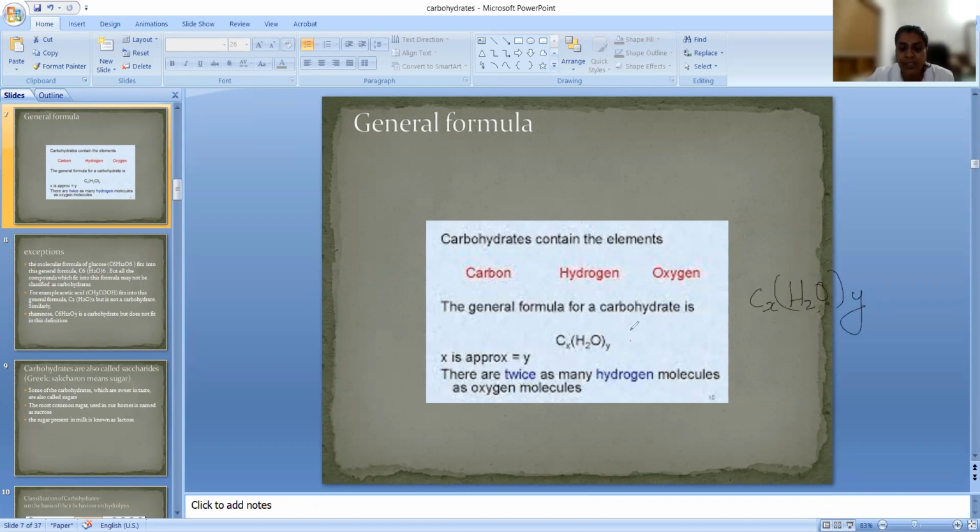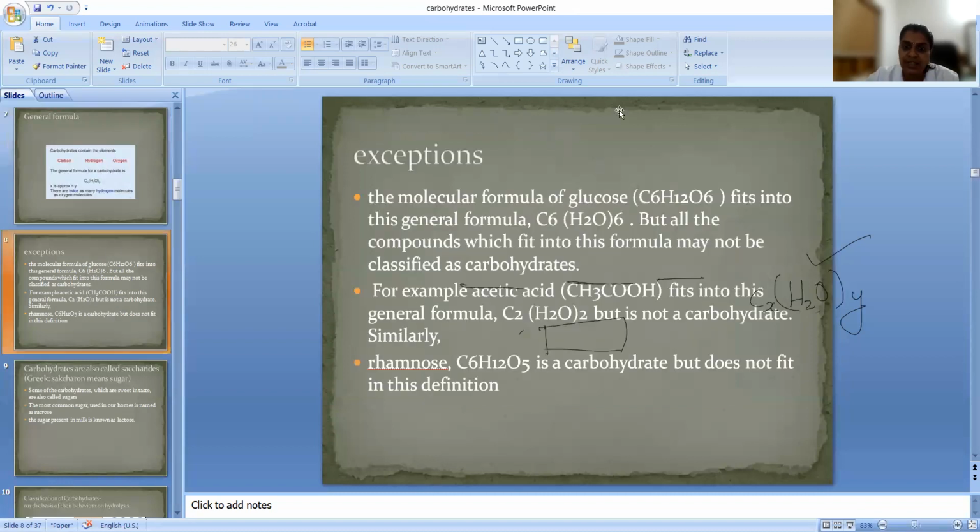Always it is not applicable, there are some exceptional cases also. It consists of carbon, hydrogen, and oxygen, we know, and its general formula is CxH2Oy. Now we are going to see that there are some exceptional cases also.